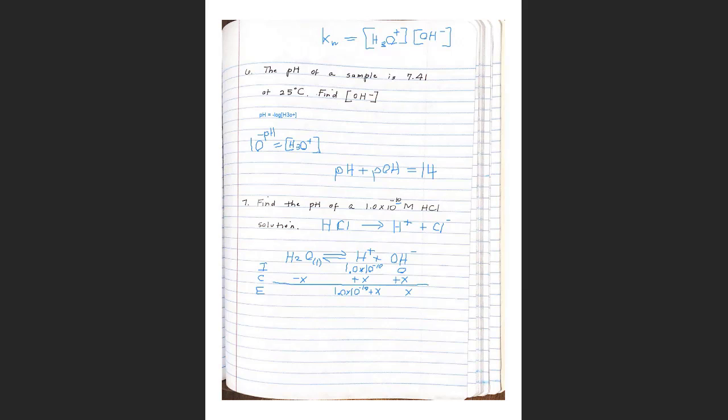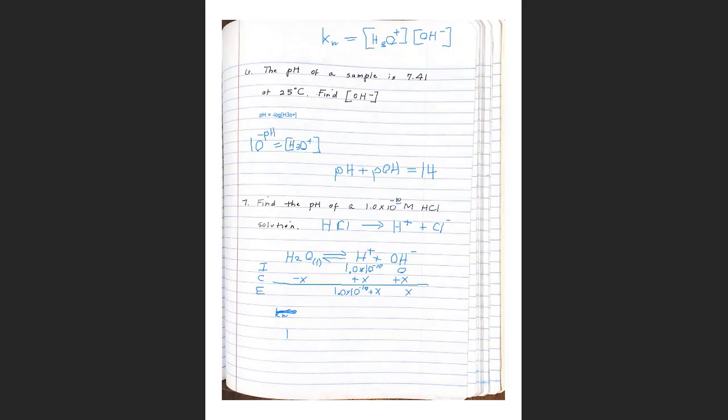And then you have to do the quadratic equation. Because, of course, it's going to be essentially Kw. You're going to use the Kw equation, right? Equals. Well, I already have it written above, so I'm just going to go ahead and put in the numbers.